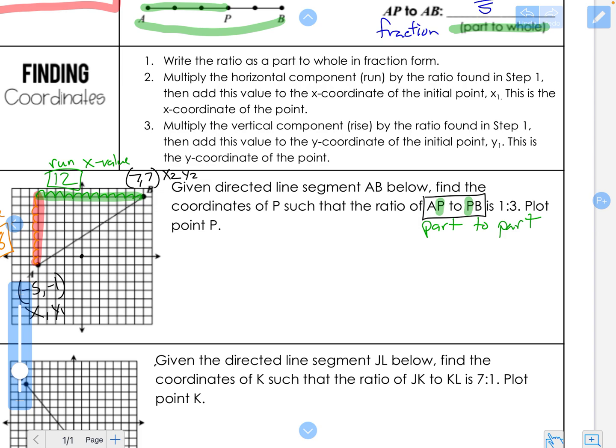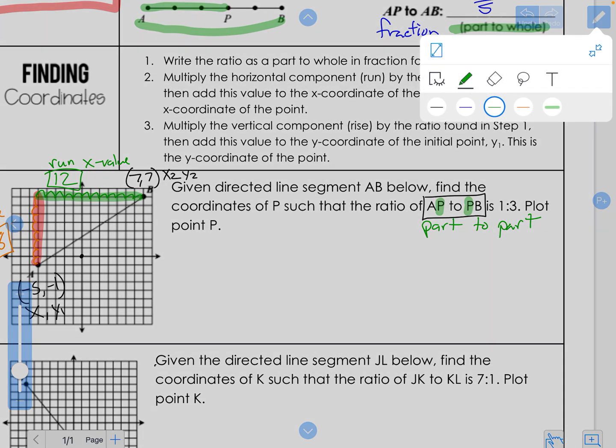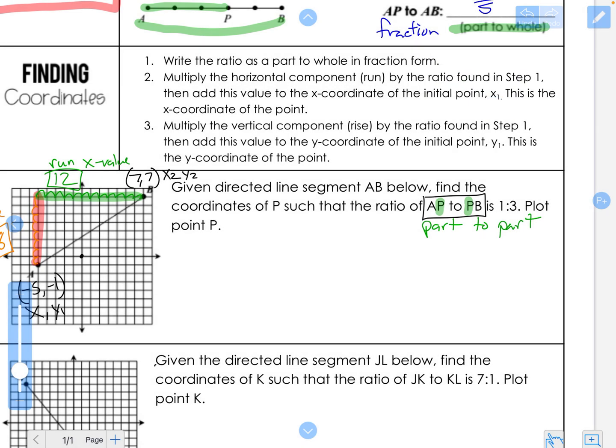So I know that AP is 1 and PB is 3. For me to change the 1 to 3 into a fraction instead of a ratio, I need to add the 2 parts together. Once I've added the two parts together, AP is 1/4 of the entire line.